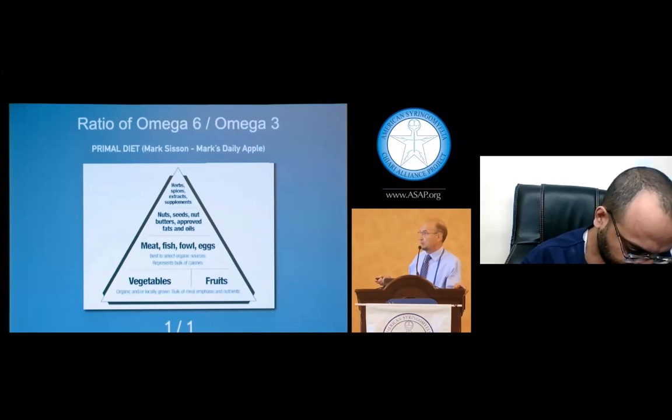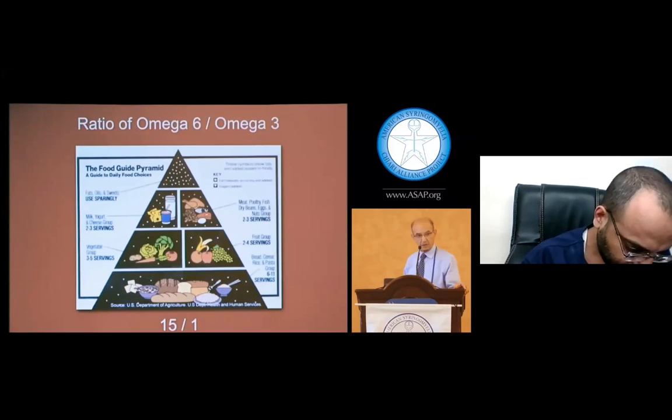Okay? So here is the ancestral diet pyramid. This one is by Mark Sisson of Mark's Daily Apple. He calls his diet the primal diet, and basically vegetables and fruits are at the bottom. In other words, have a lot of vegetables and fruits. That's a 1 to 1 omega-3 to omega-6.